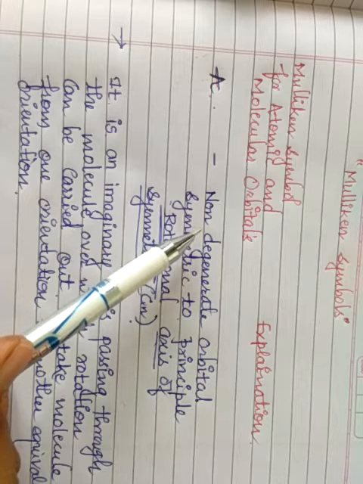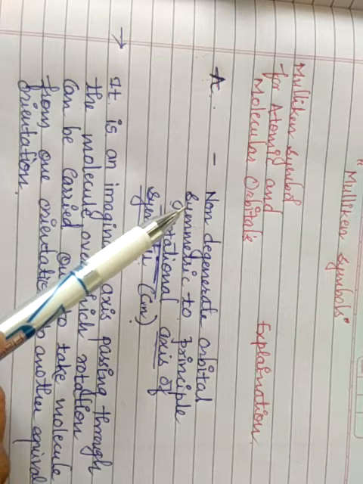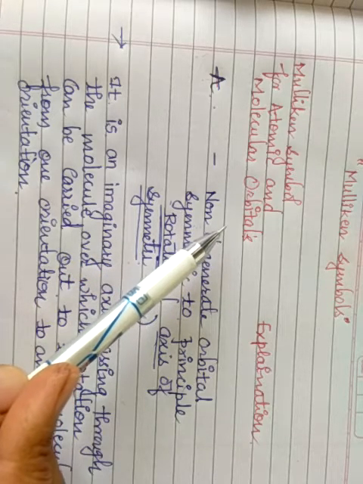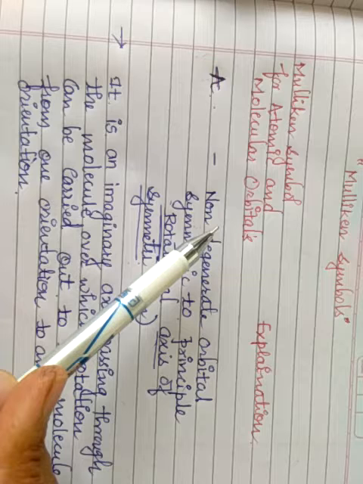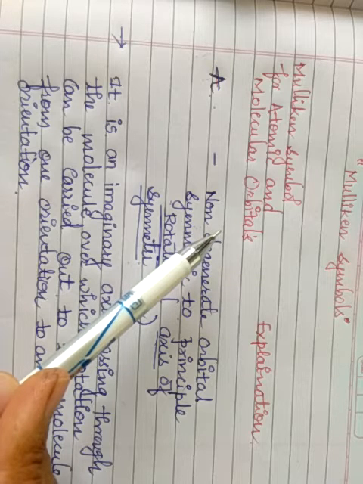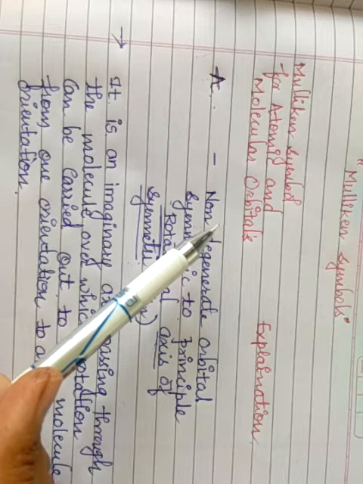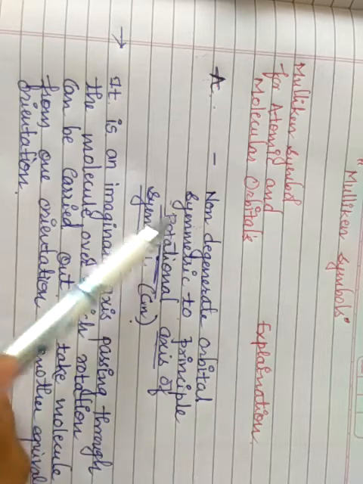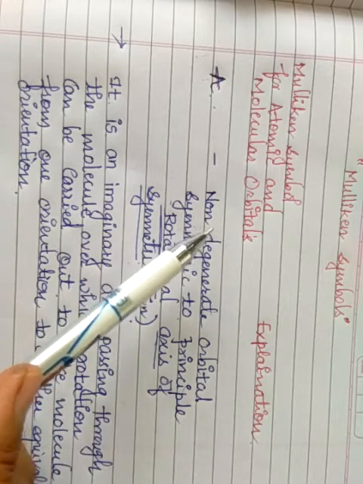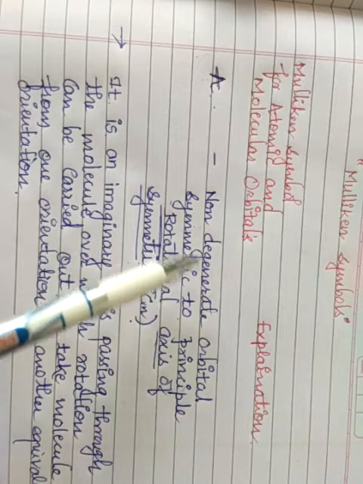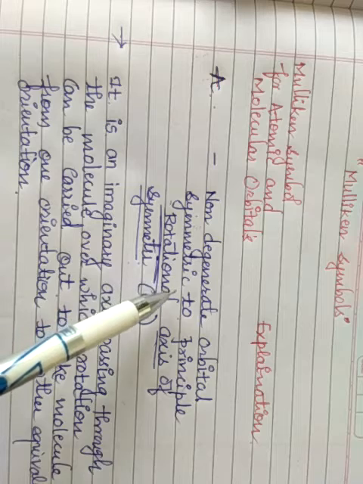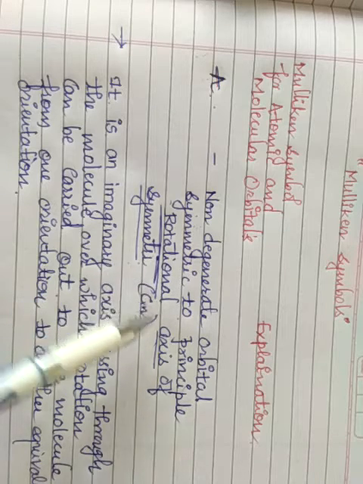Non-degenerate type of orbital, isn't it? So non-degenerate means the elements can be generated when all the atoms are inverted through the center of the molecule. If the center of the molecule is not inverted at all, the elements cannot be degenerate. So a non-degenerate orbital symmetric to the principal rotational axis of symmetry.